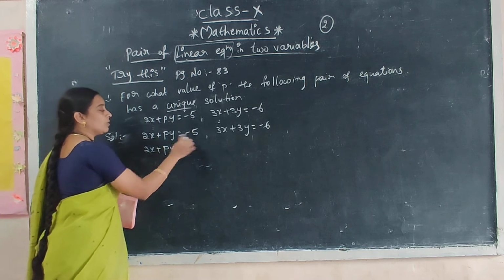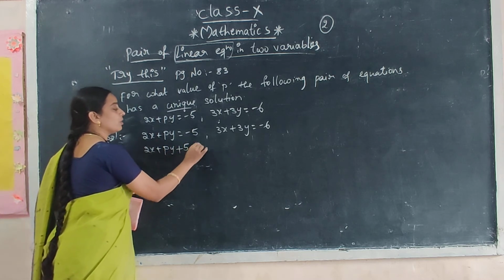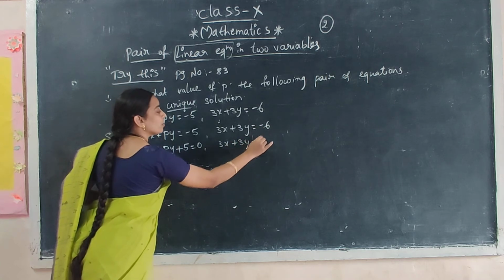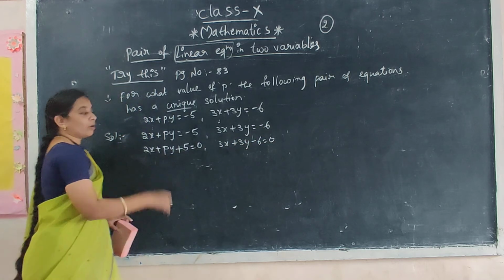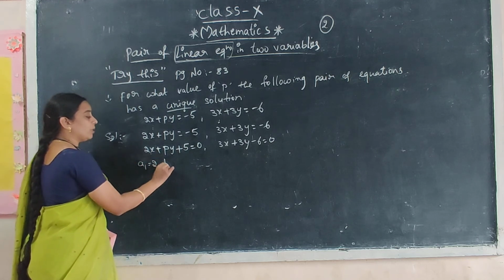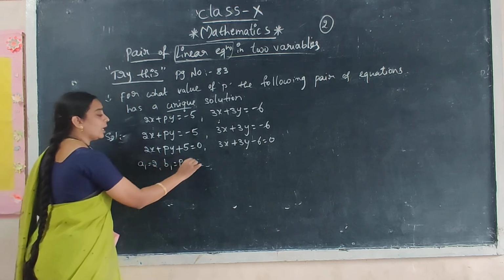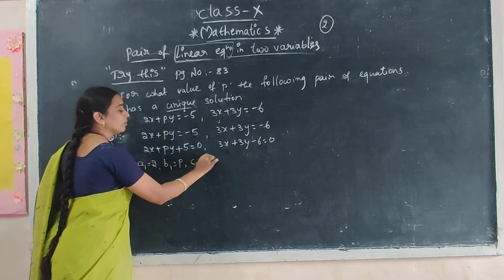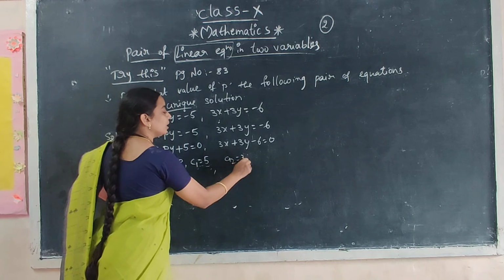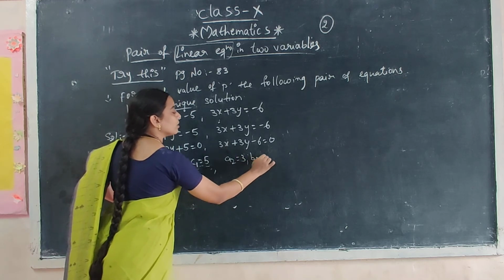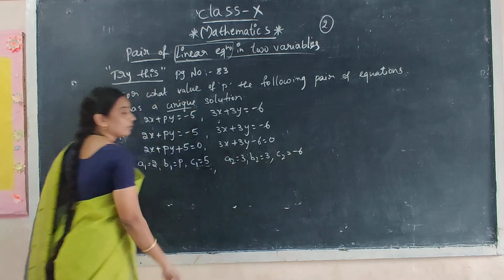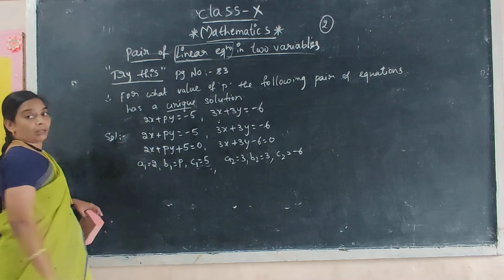So Py moves to the left side: plus 5 is equal to 0. 3x plus 3y, that one moves to the left side: minus 6 is equal to 0. Now compare the values. A1 value is 2, B1 value is P, and C1 value is 5. Next, A2 value is 3, B2 value is 3, and C2 value is minus 6. These are the values.